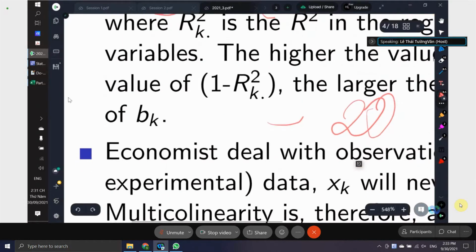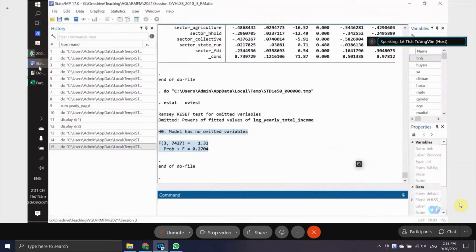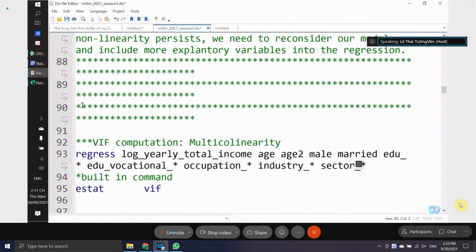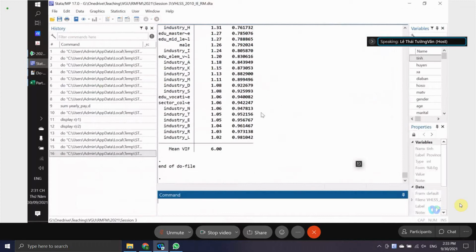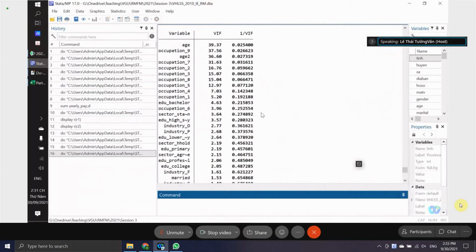Yeah. So basically in Stata, it has been demonstrated here. VIF computation: if you run the regression and you type estat vif, Stata will give you the list of the variance inflation factors.